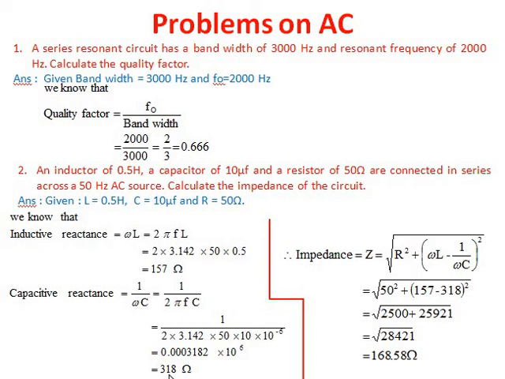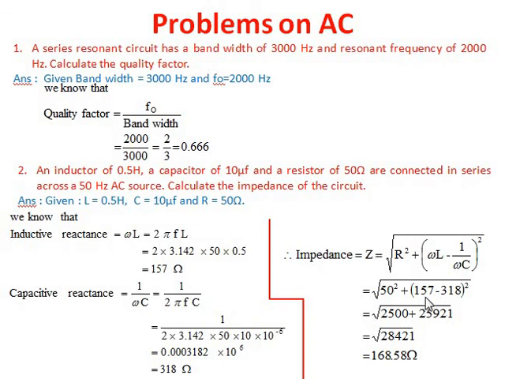So dear students, we got omega L and 1 by omega C values. Then substitute in the impedance relation, that is Z is equal to square root of R square plus (omega L minus 1 by omega C) whole square. So this is equal to R value 50 ohms square plus omega L value 157 minus 1 by omega C value 318, its square.